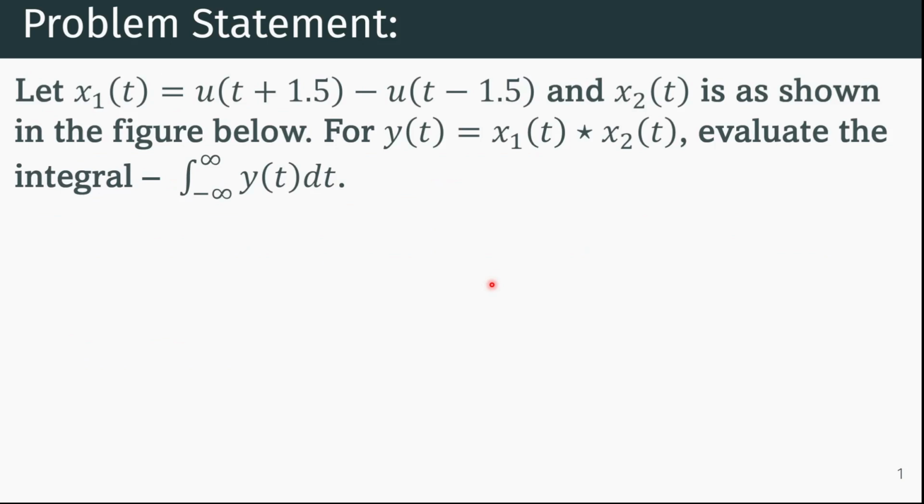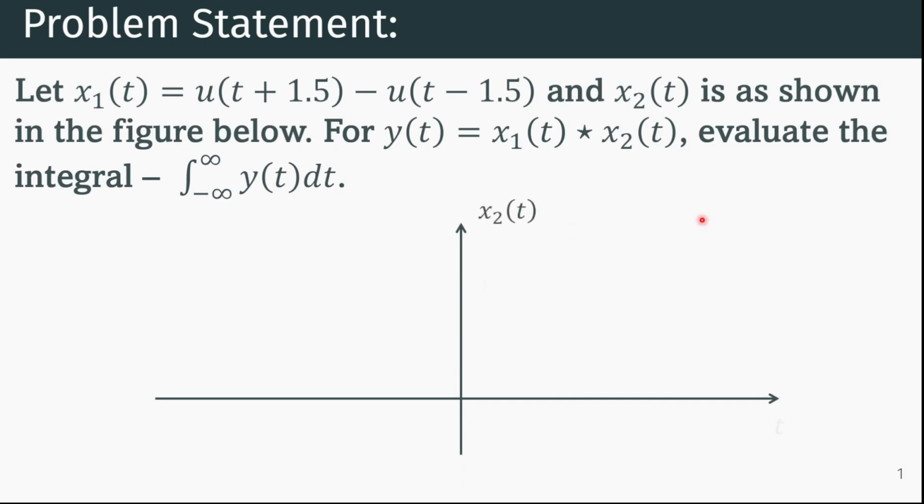The problem statement goes like this. We are given the signal x1 of t, which is a unit step function shifted to the left by 1.5 units, minus another unit step function shifted to the right by 1.5 units, and the signal x2 of t is as shown below.